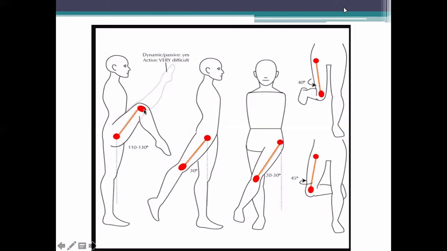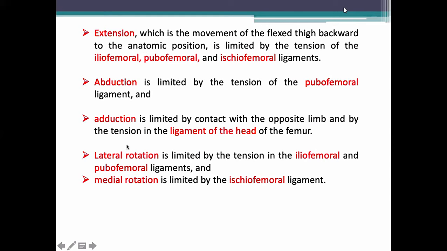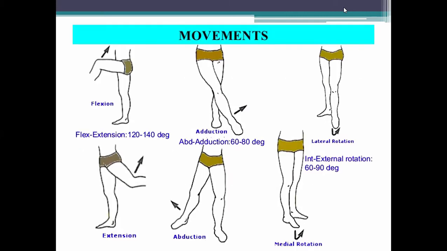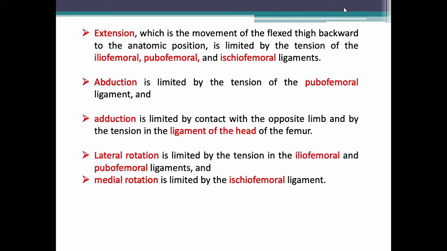But when the knee is extended, flexion is limited by the tension of the hamstring group of muscles. So these are the movements of the hip joint.